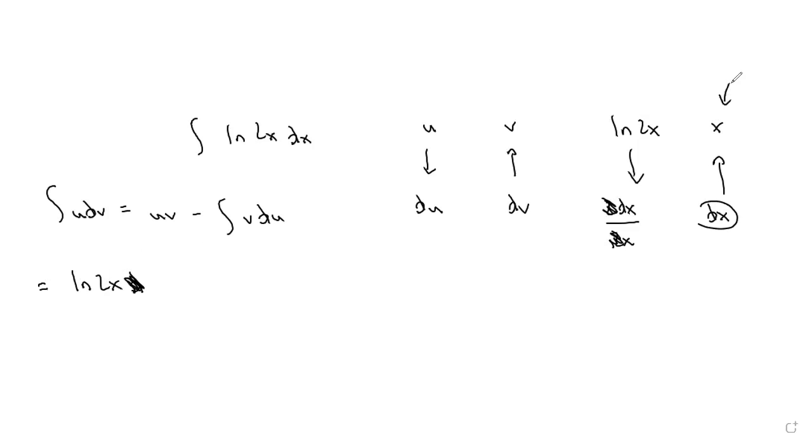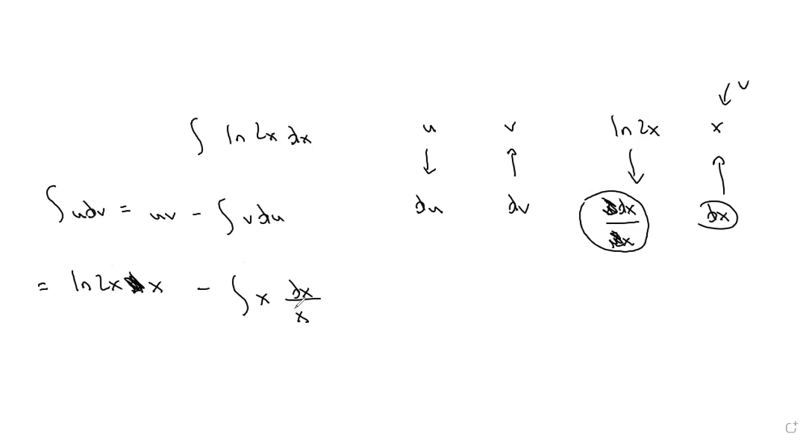V is just x. Right away that seemed not to make sense, so at least I noticed the mistake. Minus the integral of v, which is x, and then du, which is dx over x. So this one is working out pretty nicely.